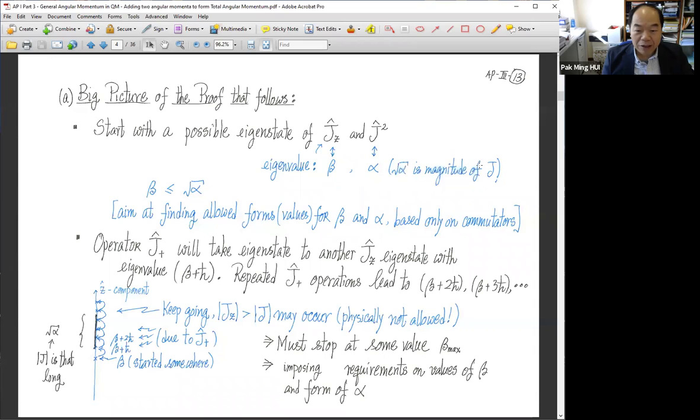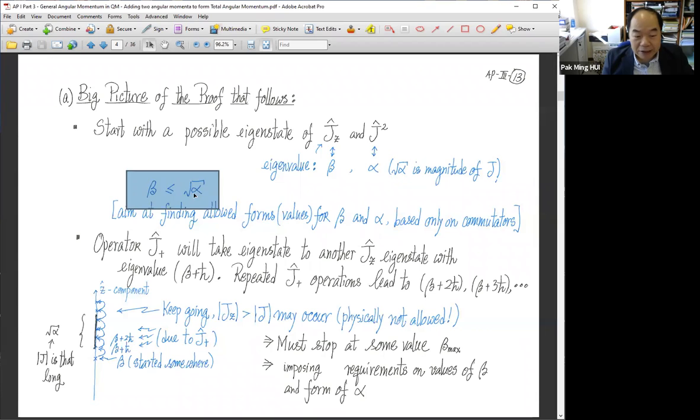Okay? The first and most important idea is that for any vector quantity, any component we set here cannot be longer than the magnitude of the vector. So when we say this, it's just by physical sense. Any component cannot be longer than the magnitude. Okay?